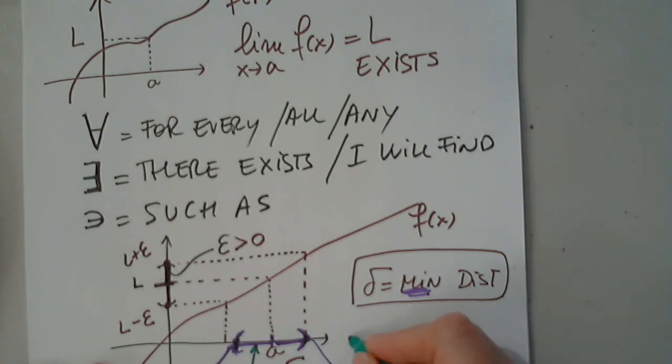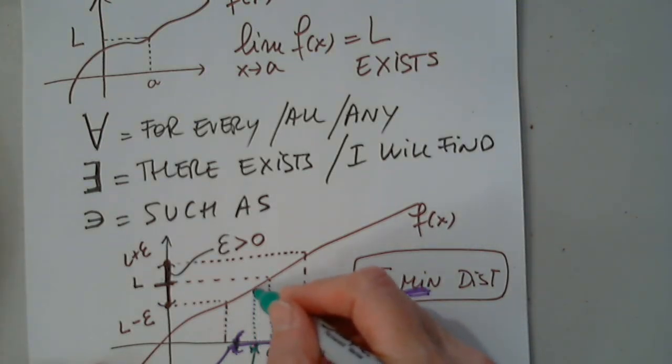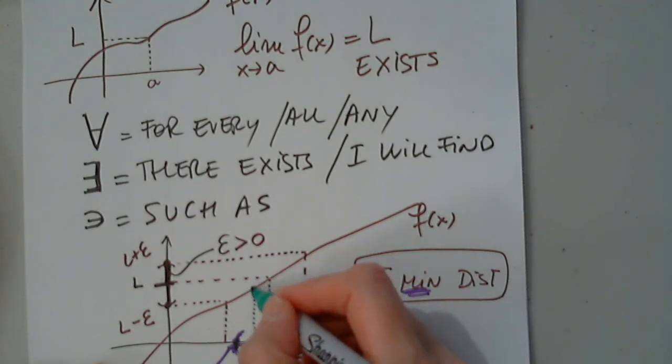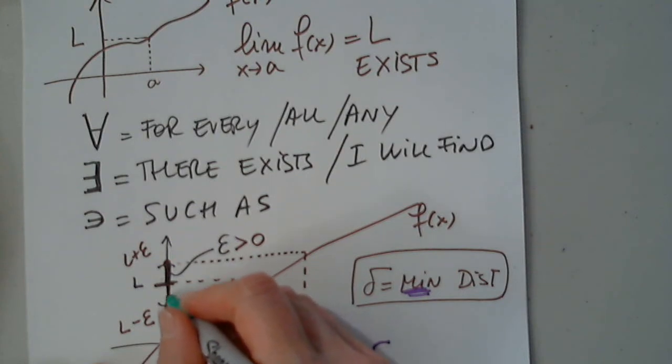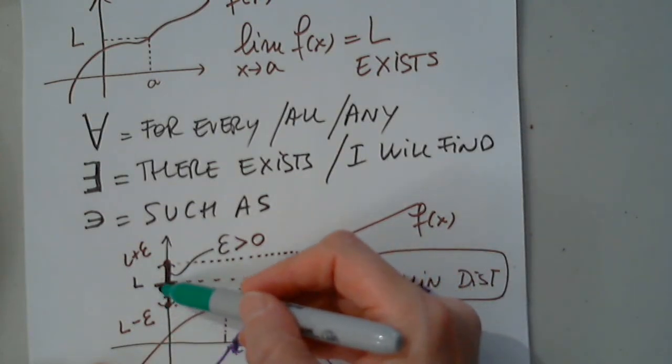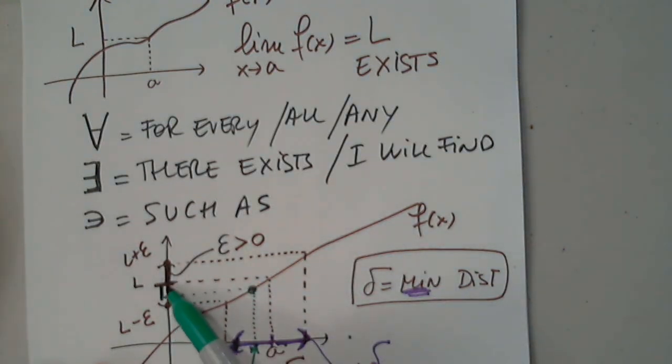So X is not here. X is not here. No, no, no. X has to be with a smaller distance than delta, either on this side or on this side, but the distance between A and X, or X and A, has to be smaller than delta. Every time I pick X within delta away from A, its corresponding f of X will be at a smaller distance from L than epsilon.